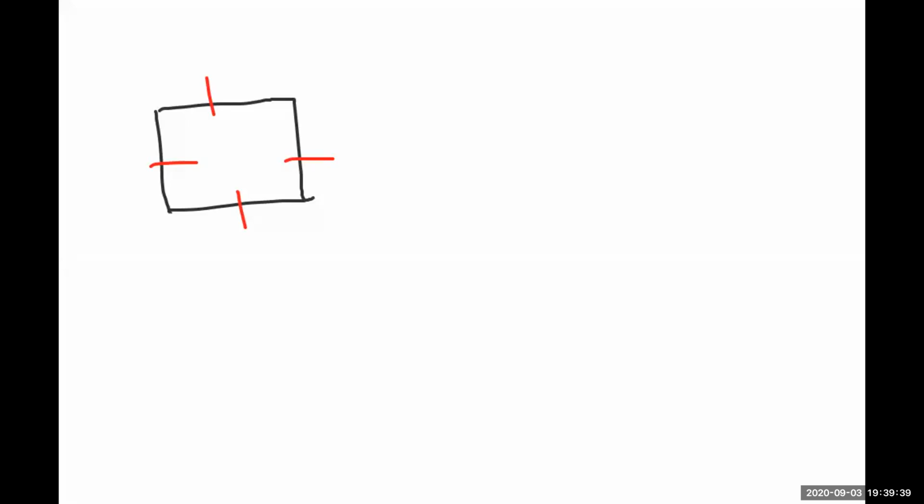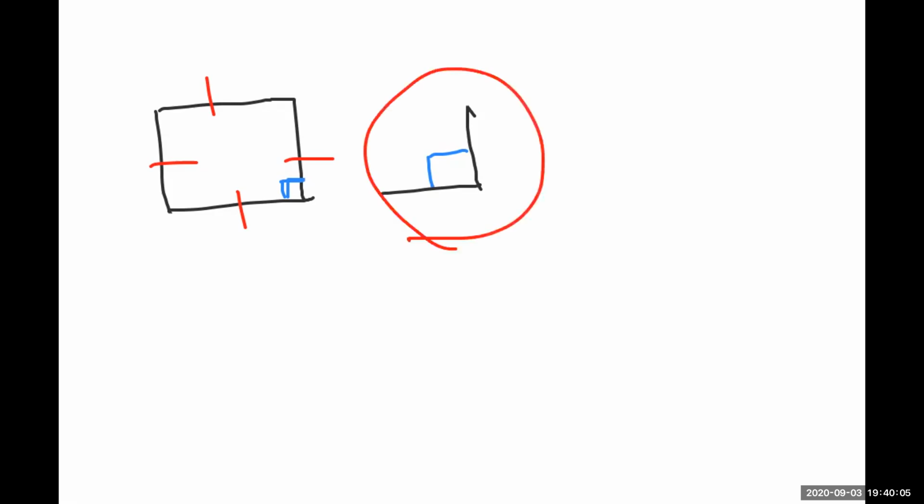That's what makes it a square, plus it has 4 equal sides. Whenever you see a symbol like this in a corner, that means that it is 90. Anytime you see this, for example on your O snaps, when you snap perpendicularly, this symbol will appear, because perpendicular is the same as 90 degrees.